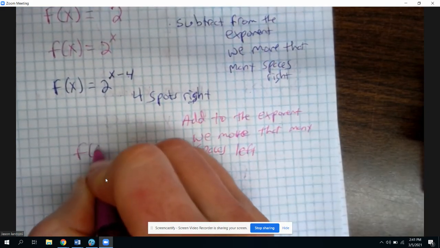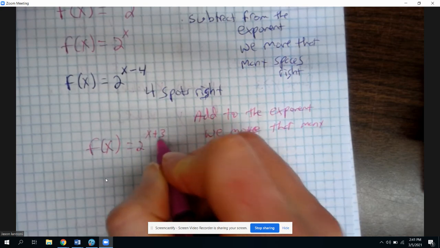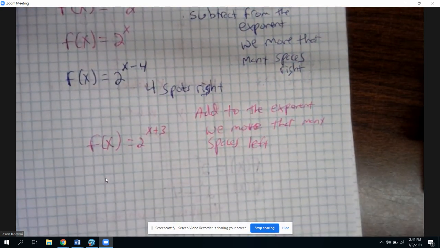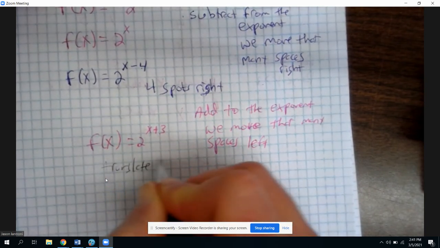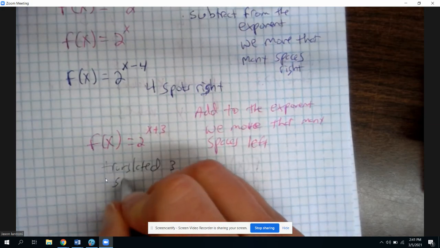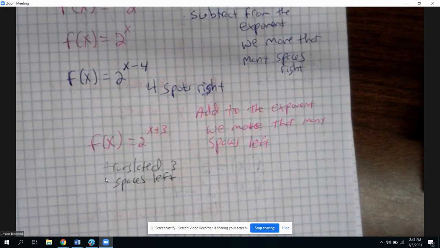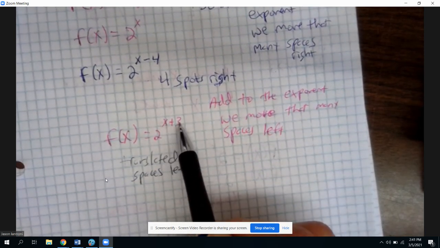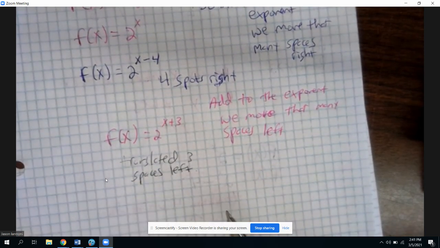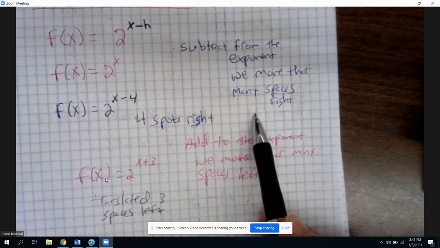So if we had f of x equals 2 to the x plus 3 like we had in the calculator, that means we're translated 3 spaces left. Yes, it's math, but you have to do some memorizing. You have to memorize that when you add to the exponent, you're moving to the left. When you subtract from the exponent, you're moving right.